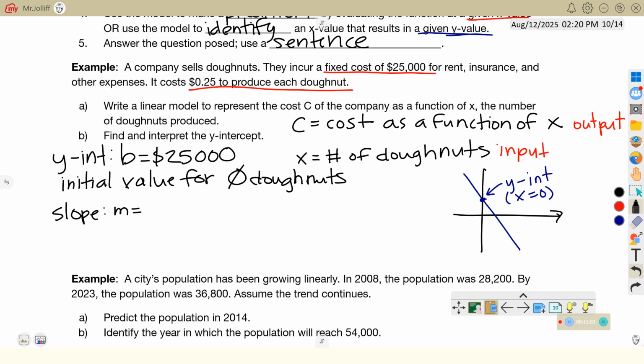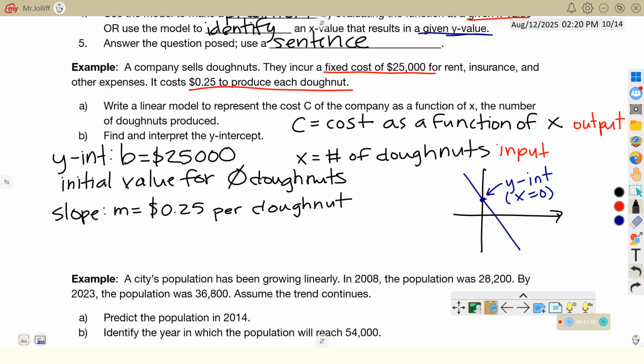And our slope was 25 cents per donut. So 25,000 just to turn the lights on in the factory, and then I'm going to pay a quarter every time I roll a donut off the factory line.